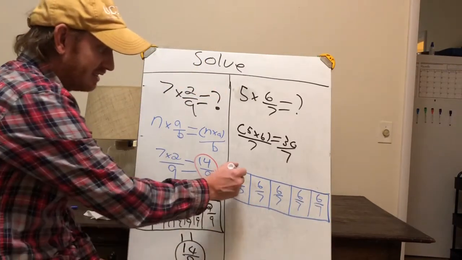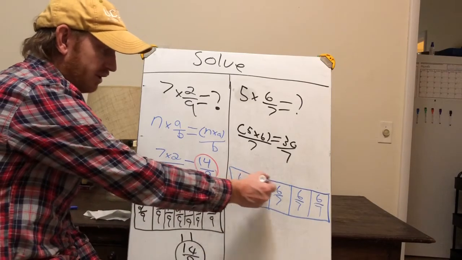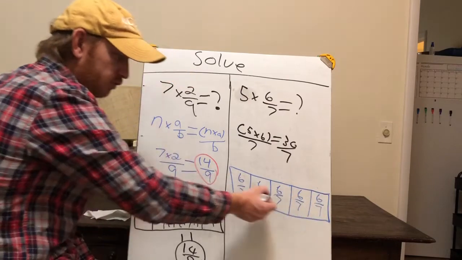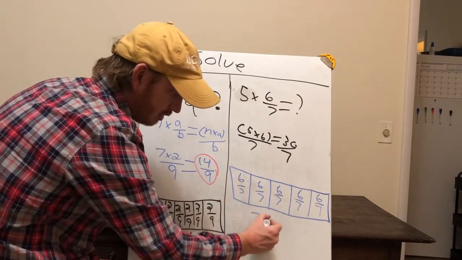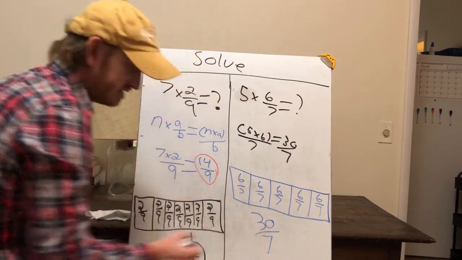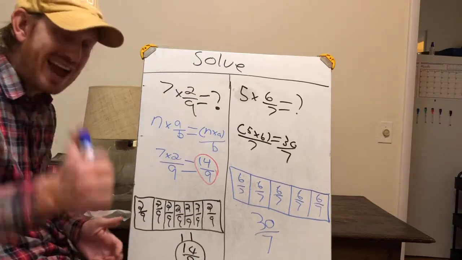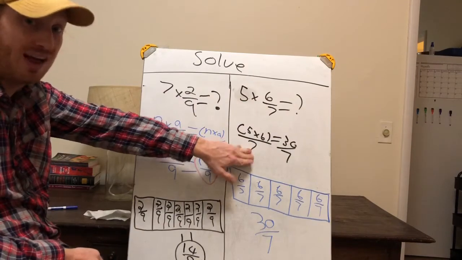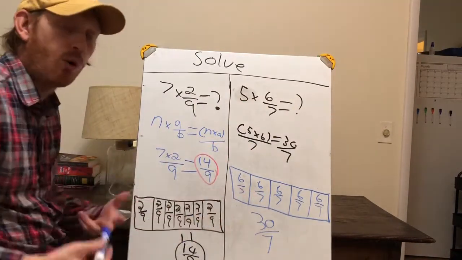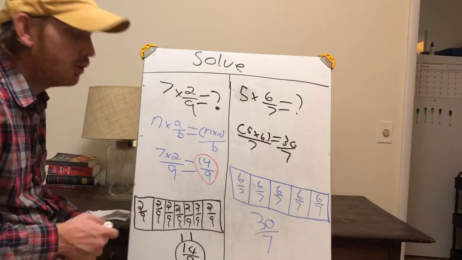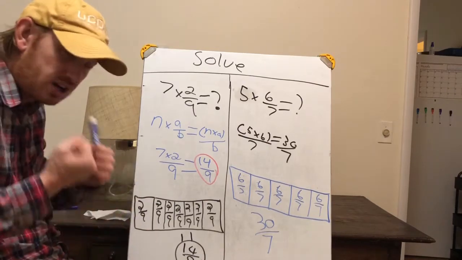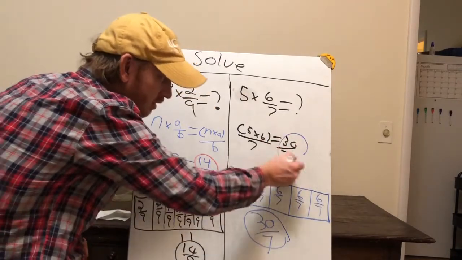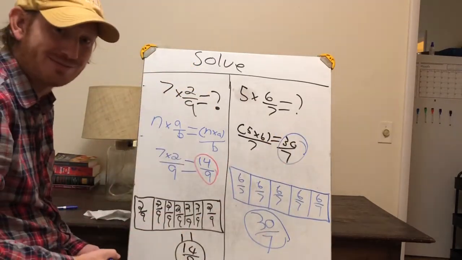And then I can add 6, 12, 18, 24, 30 over 7. 30 over 7. So now that I've done this problem using multiplication and the associative model, and with a tape diagram or a visual model, I know with almost certainty, with strong confidence, that my answer of 30 over 7 is going to be correct.